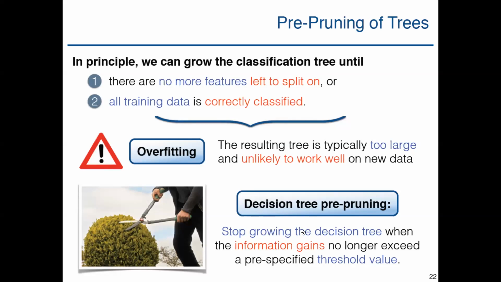So for example, in our earlier example there, हमारे पास उसका split, उसका information gain आ रहा था एक node के ऊपर 0.36.